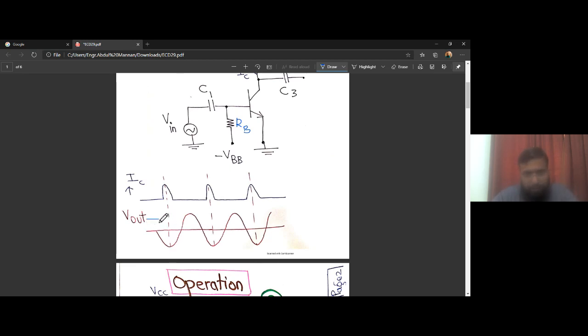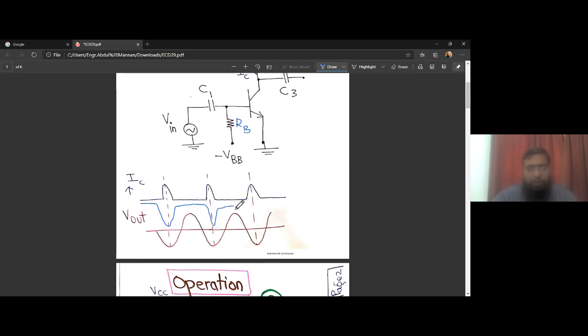It started at a value equal to VCC, then as the current flows, it went down to a small value equal to VCE, and then it would again be VCC. So the output voltage was like this. It wasn't a sinusoidal wave.